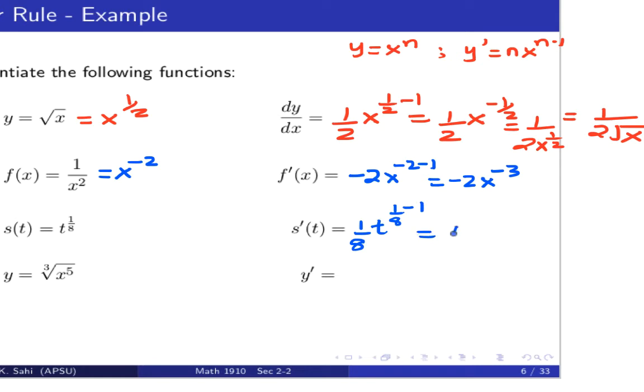Now remember, the common denominator is 8. It's going to be 1 minus 8. So it's 1/8 t to the power minus 7/8. We're done.